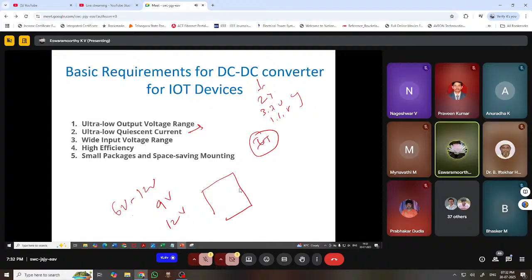Like that we need to give it, and high efficiency. Ideally input power should be equal to output power, but we won't get that, but the efficiency should be 95%. And it has to come in small packages and space saving mounting. So whatever DC converter we use should be very small, which can be accommodated in the IoT node, right?